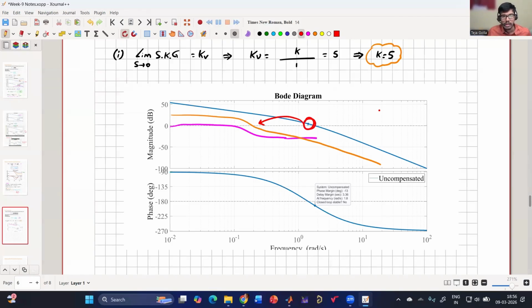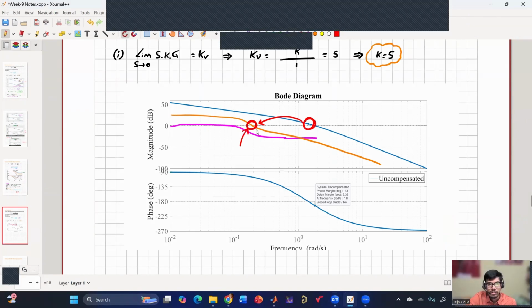And then how do I choose this point? So how do I know this is the gain crossover frequency? So I have to choose that gain. Now I have to choose that omega. How do I choose it?